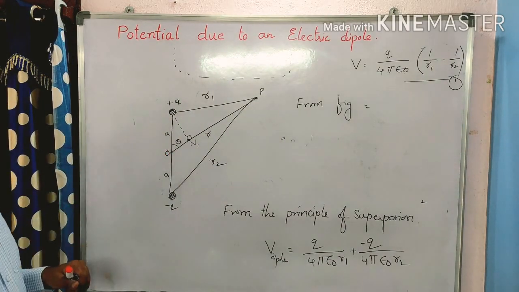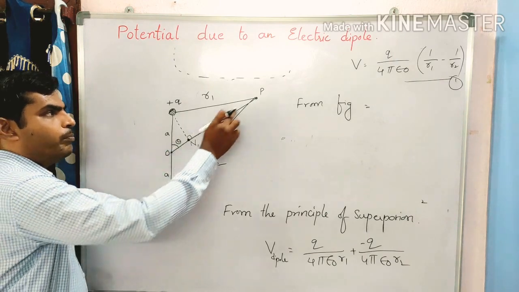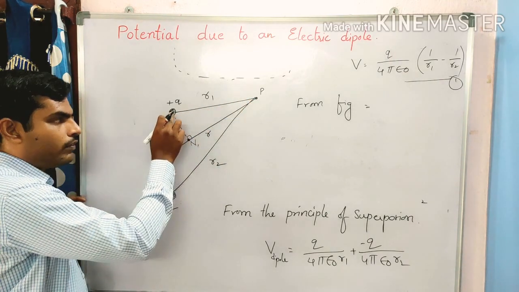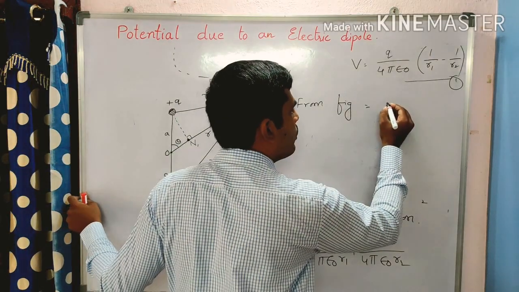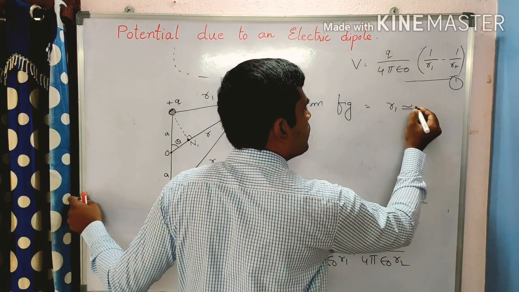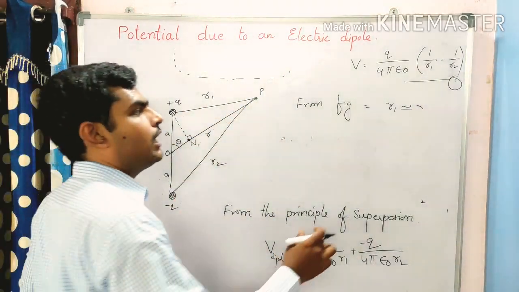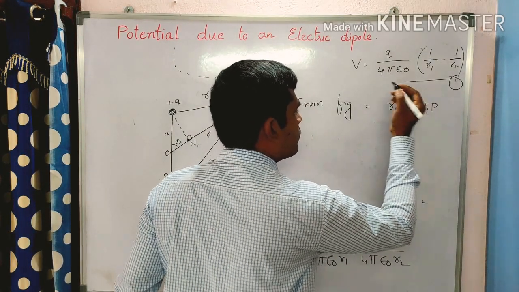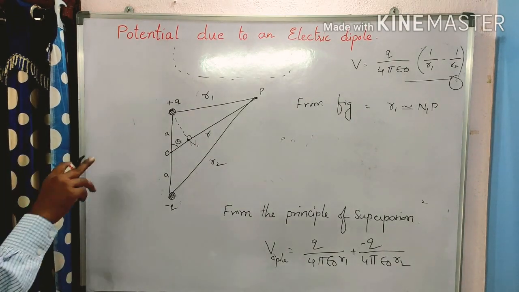Before drawing that normal, R1 is less than this one, and OP is greater than R1. Now after drawing the normal, R1 is approximately equal to N1P. So I have to find the N1P value now.